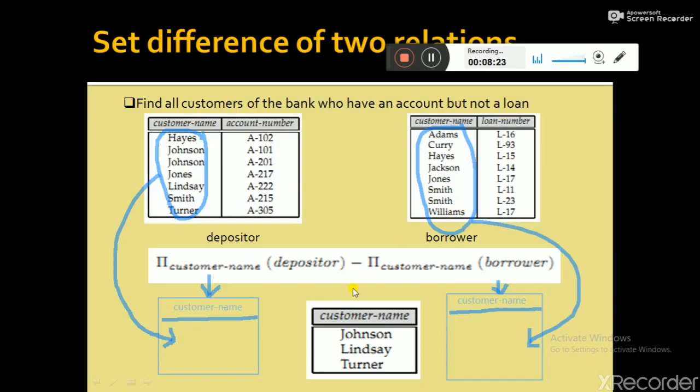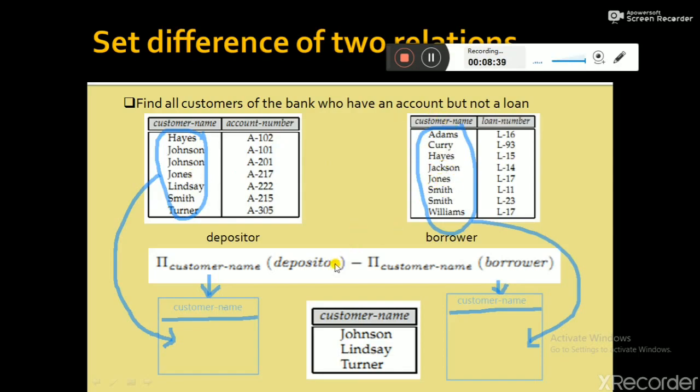So let's check whether Hayes is present over here or not. Yes, Hayes is also present in borrower, so Hayes is not going to be stored here. Johnson is present here but is not present over here.